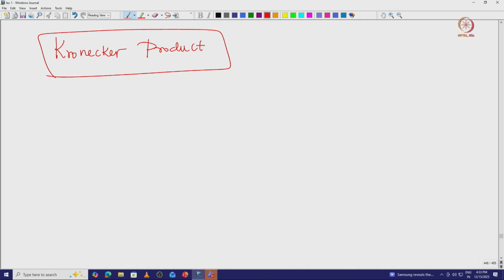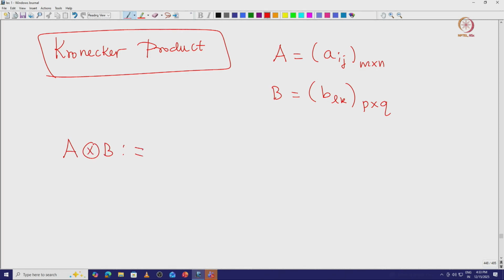Let us fix some dimensions of the matrices. Let us call A the matrix Aij of size m by n, and let us say B is the matrix Blk, which is of size P cross Q. So, now the matrix A tensor B is defined to be this augmented matrix.